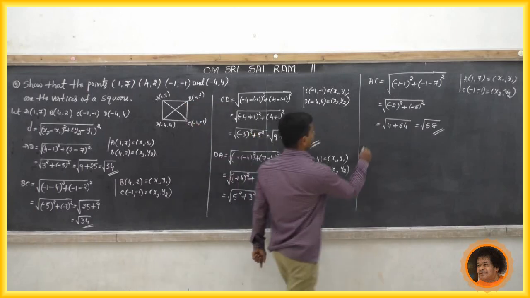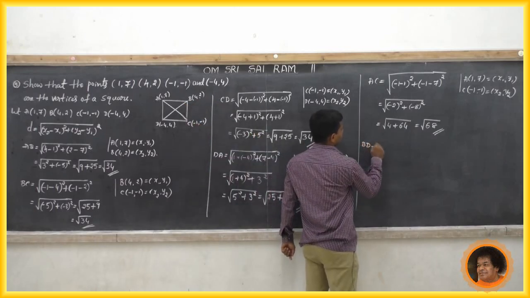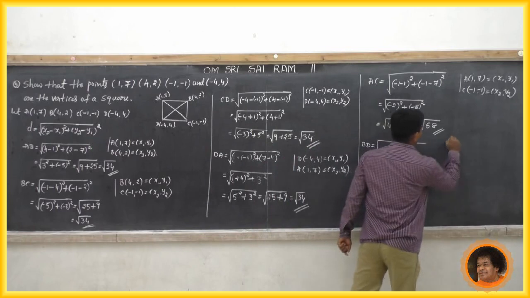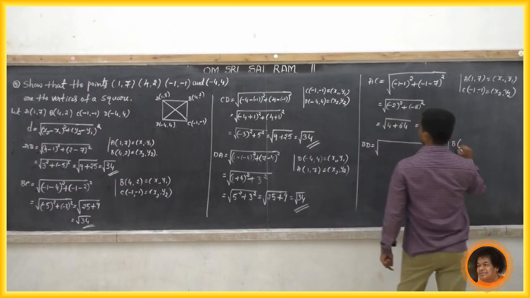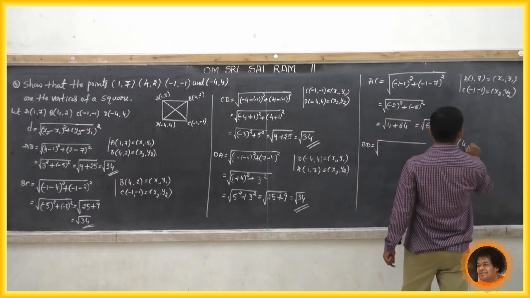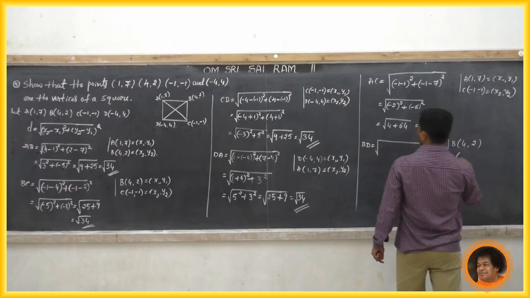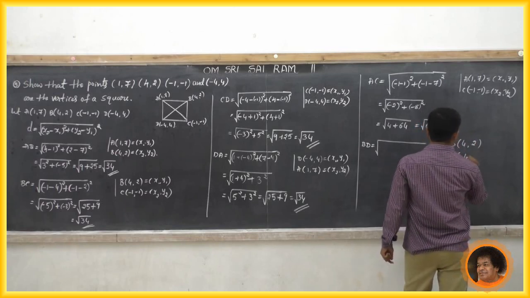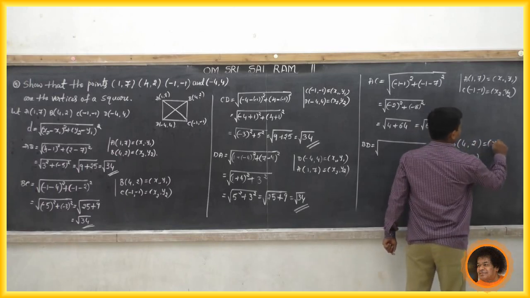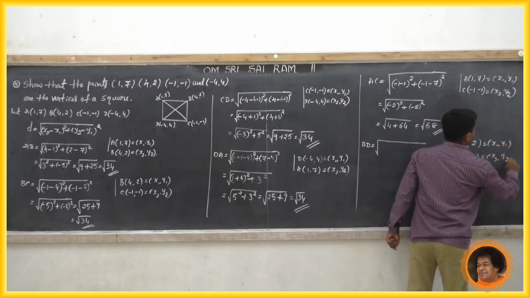Next find BD. Diagonal BD equal to square root of, the coordinates of the point B 4, 2 and coordinates of point D -4, 4. So this one x1, y1 and next one x2, y2.